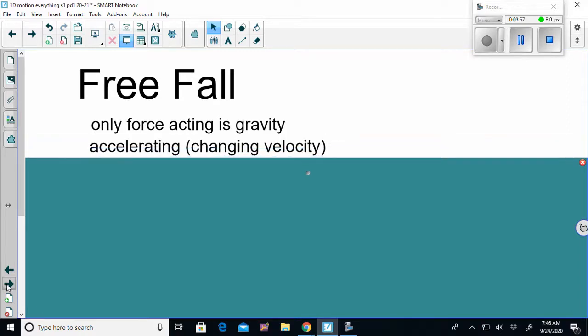The object's always accelerating, right? It's changing velocity. Whether it's on its way up or on its way down, the velocity's changing, right? If I throw a ball up in the air, it leaves my hand. As soon as it leaves my hand, it changes velocity. It doesn't shoot up to the top at one velocity and then shoot back down at another. Okay? It's always changing velocity. So it's always being accelerated.